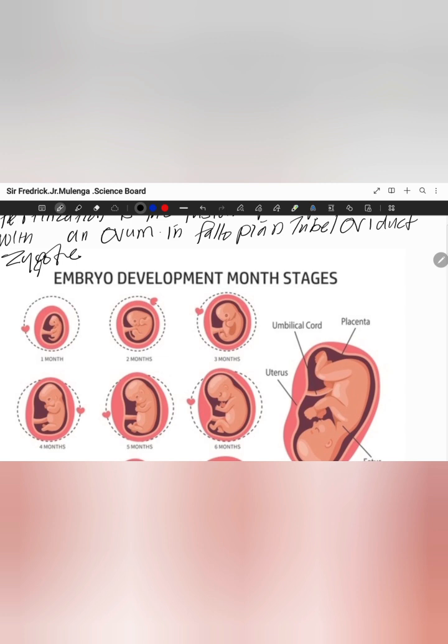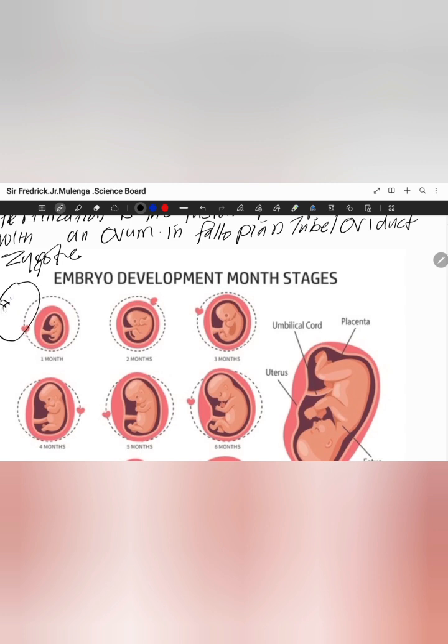So after fertilization has taken place in the fallopian tube, the small cell starts moving, perhaps helped by the ciliated cells inside the fallopian tube. So it will be swept along until it reaches the walls of the uterus and attaches itself to them.